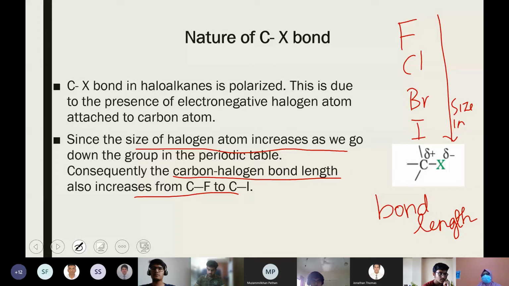Bond enthalpy, that is the bond dissociation energy or bond dissociation enthalpy, which means the energy required to break the bond, is less for the bond with the greater bond length. It decreases from fluorine to iodine.